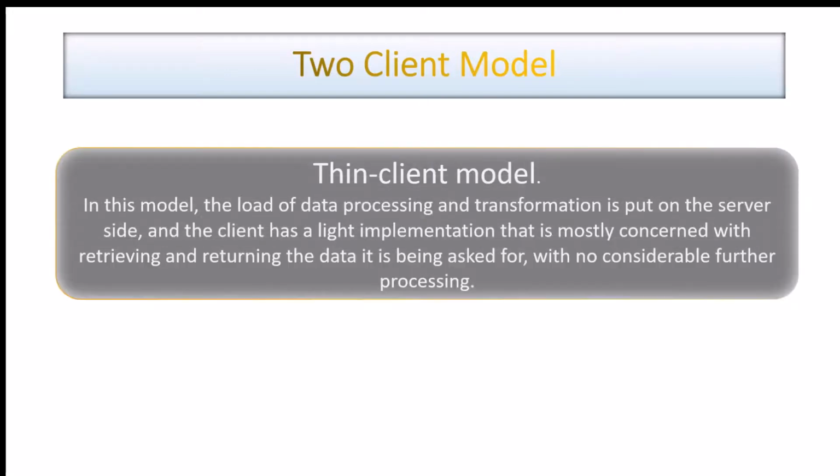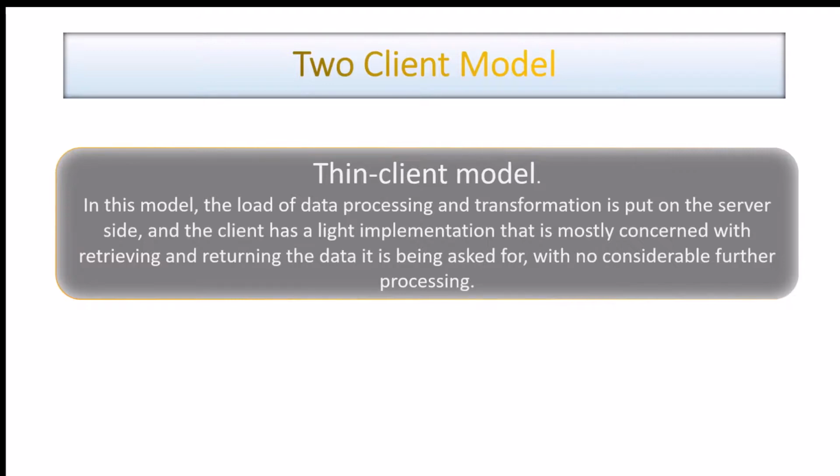There can be two types of client model. One is called the thin client model and the other is the fat client model. In the thin client model, all the processing, that is processing the data, transforming the data, and any business logic that can be applied to the data, happens on the server side.